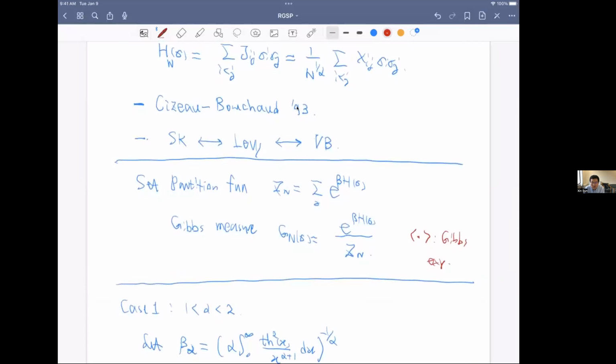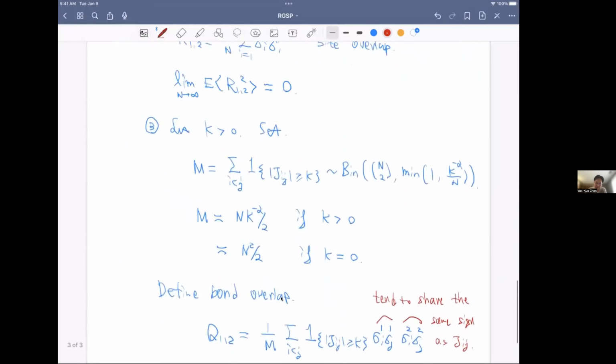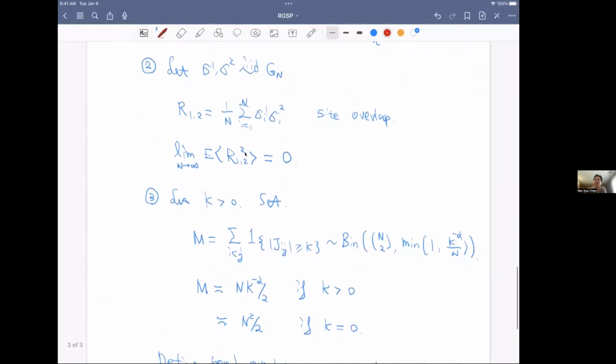You can also see from this integral that when k goes to 0, since the integral is finite, this will be 0. But on the other hand, if k goes to 0 too fast, this will look like just R12 square.